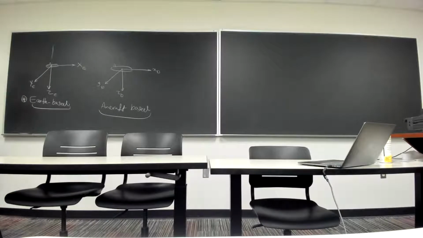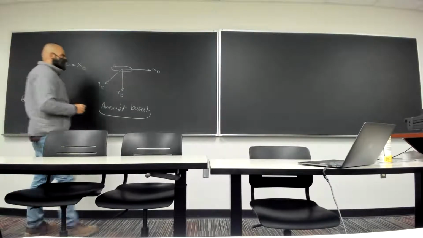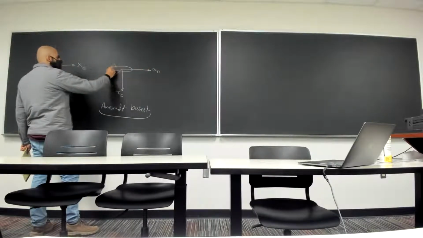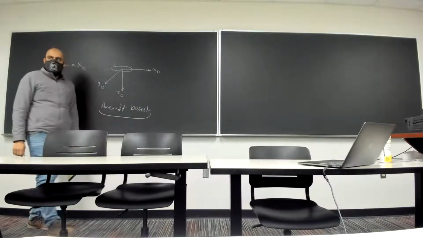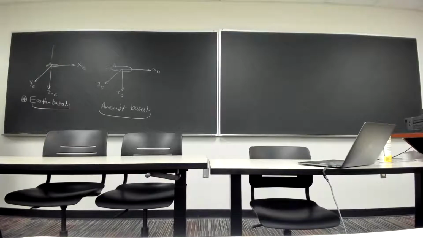Okay, so in an aircraft-based coordinate system, your x-axis passes through the aircraft plane of symmetry and the center of gravity.